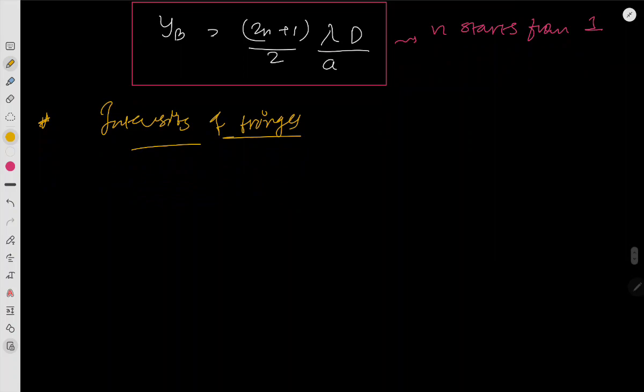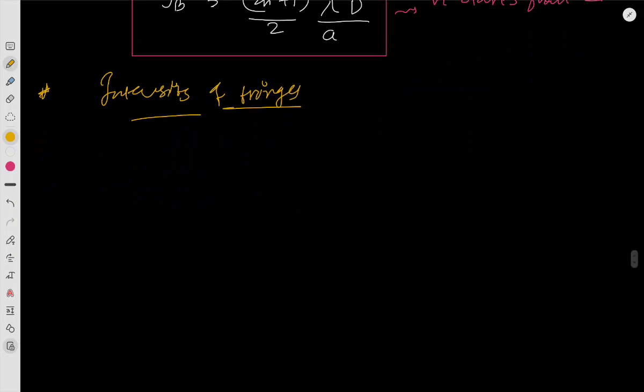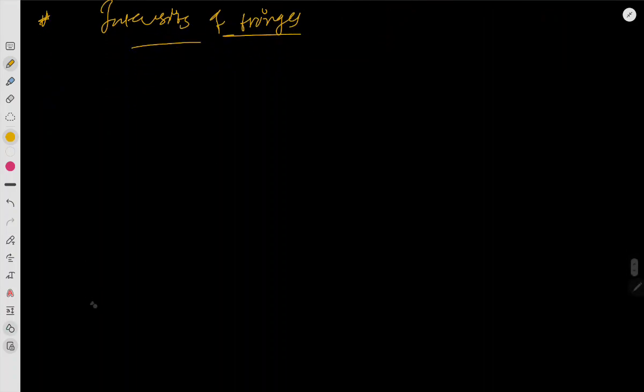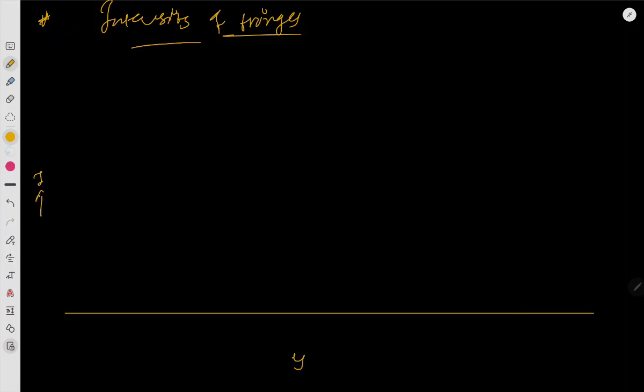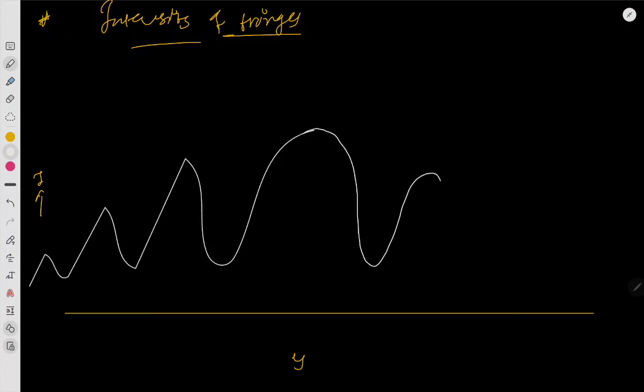Yes. So the intensity graph of the fringe is something like this. Experimental graph it is. So this is our y, and over here is our intensity. So I'm plotting the graph. The graph goes something like this, and it goes once again mirroring.